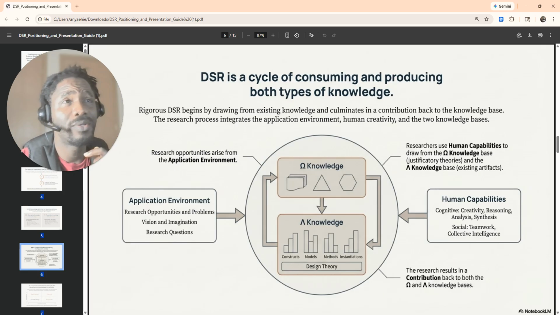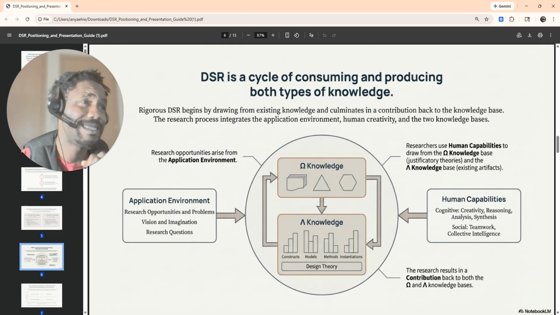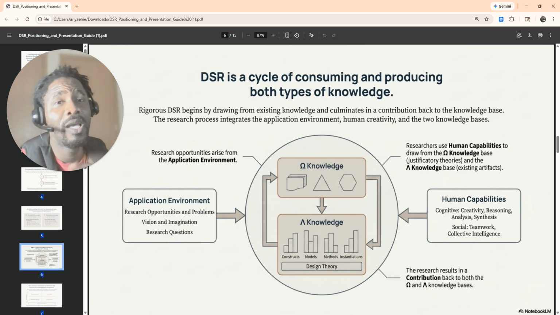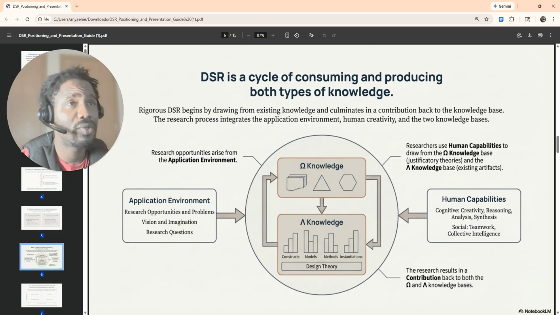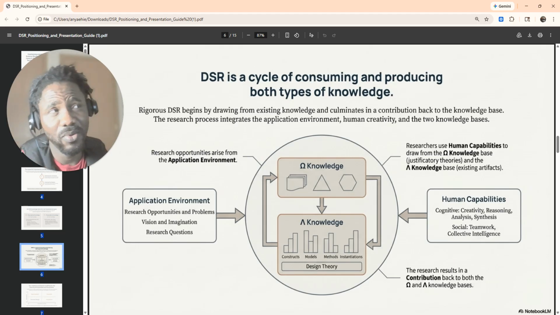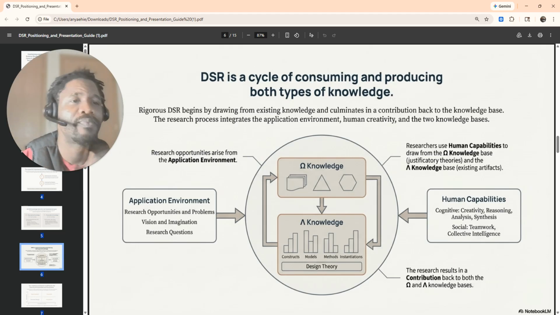We ask ourselves what theories exist and what tools already exist, right? Then we mix those ingredients to build something new. And the result is a contribution back to the knowledge base. We add a new tool to the shelf and a new theory to the library, just as I said before. So this is the cycle of knowledge, right?